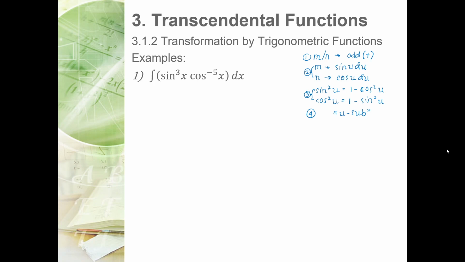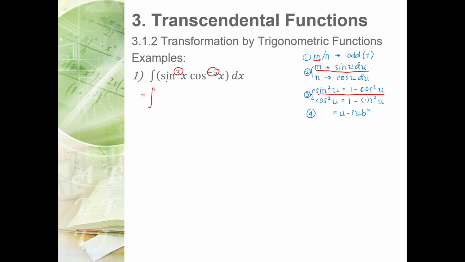Beginning with the solution. Again, m or n is odd. Looking at the exponents, 3 and negative 5. The other one is negative, so n is not a candidate for the case. So m is the correct one. Since m is odd and this is pure sine, we factor out sine x dx.